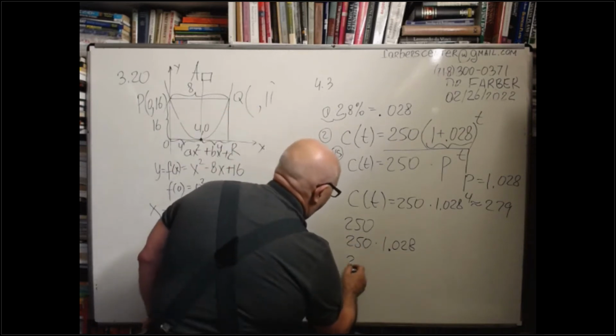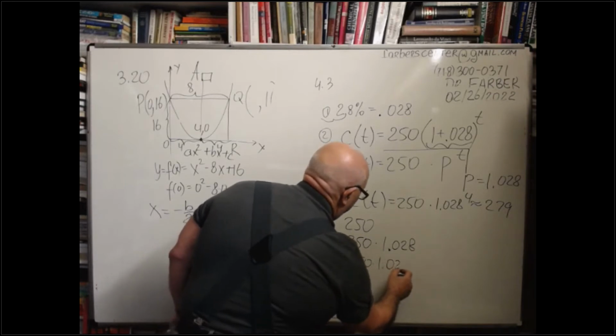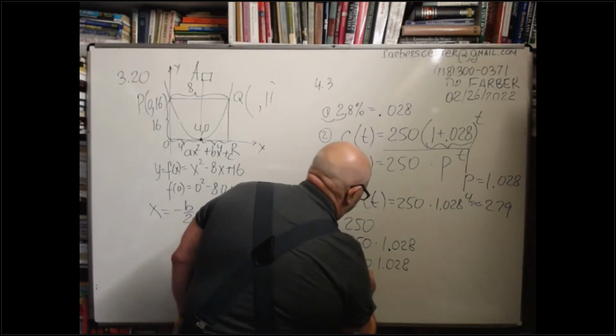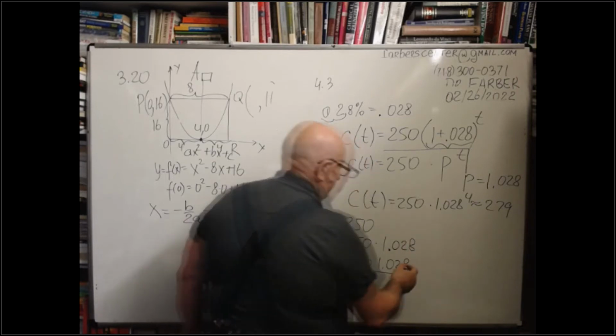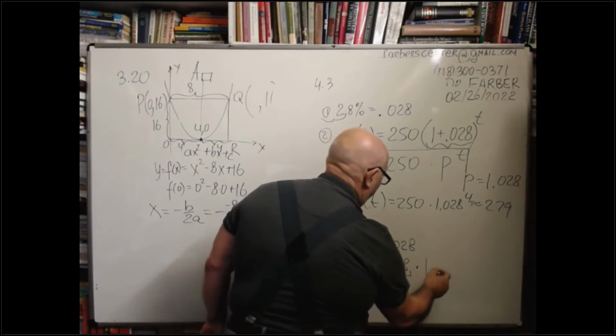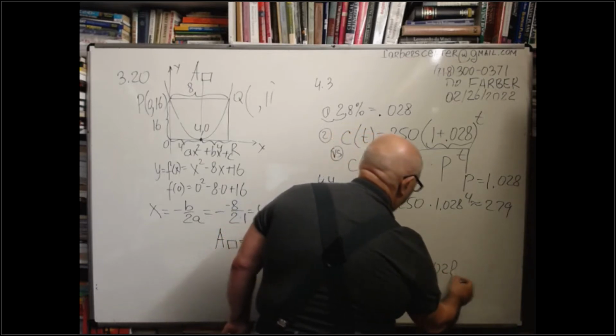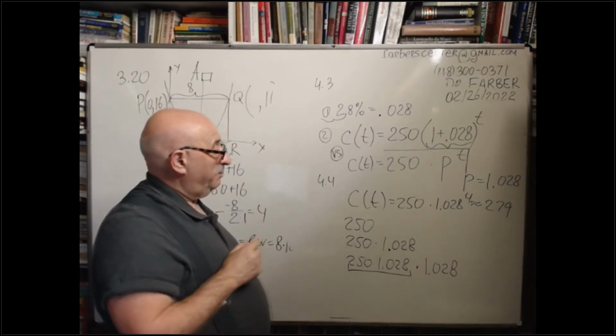Next one, 250 times 1.028. This is the new value. And you take this value into consideration, multiply again by 1.028. So instead of doing these intermediate steps, we have a formula.